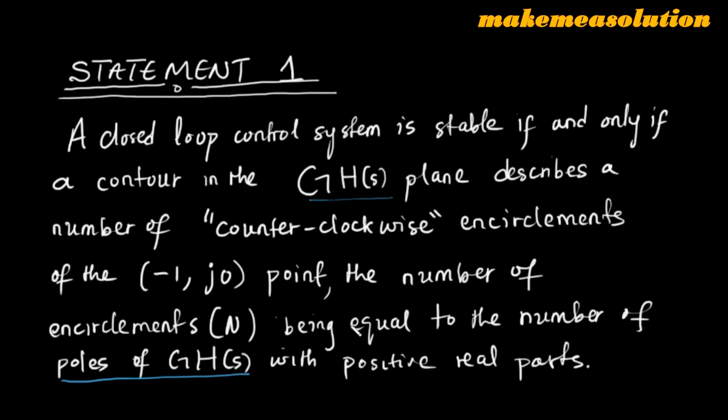If our control system is stable, then the number of counterclockwise encirclements has to be equal to the number of poles of this function with positive real parts. Is that okay? We are going to see examples later, but for now, this is statement 1, and you should take note of it.